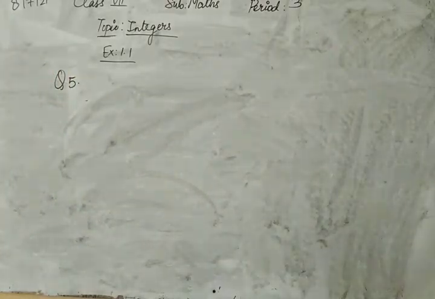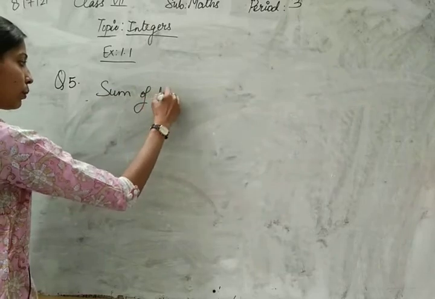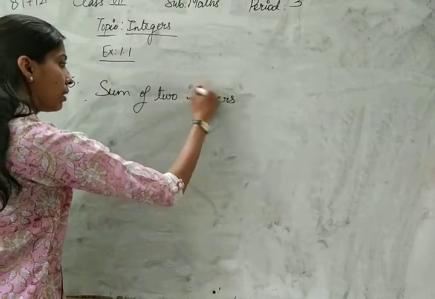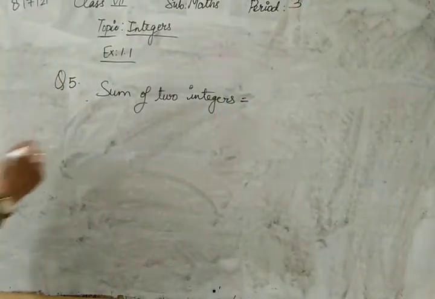In the fifth question the sum of two integers is minus 278. If one integer is minus 156, find the other. The sum of two integers is minus 278.